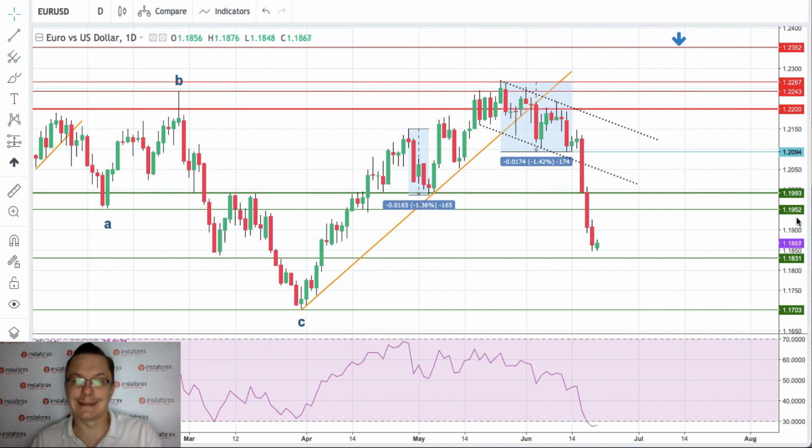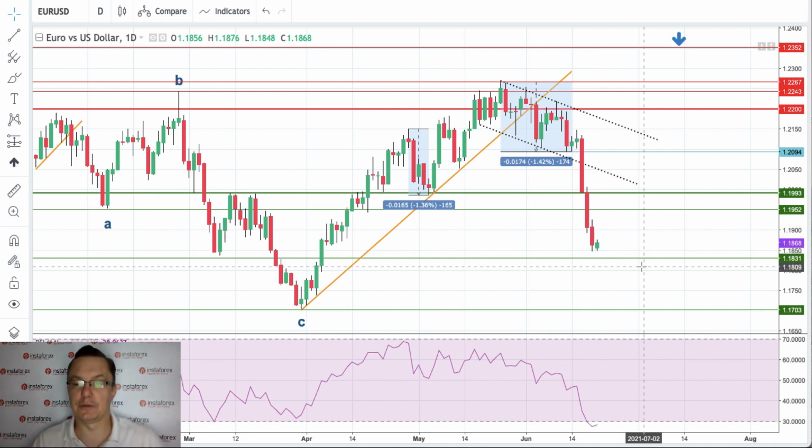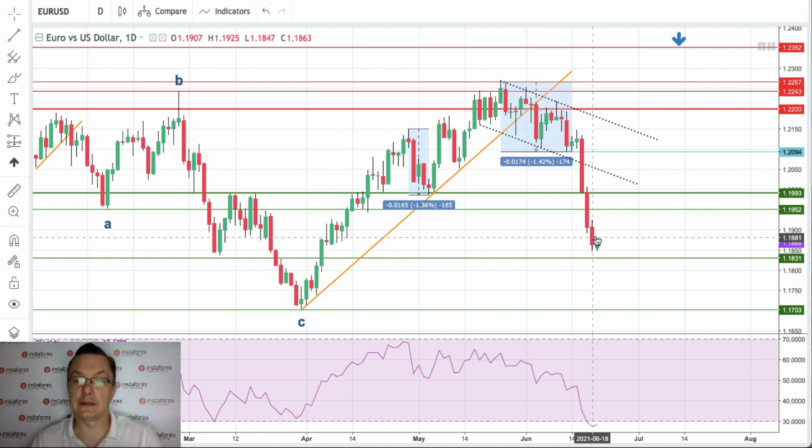The other one was 1.1952. This one has been violated as well, and the market now is approaching the third technical support, which is 1.1831. So far the low was made at 1.1846, so this is only 16 pips away from the technical support.